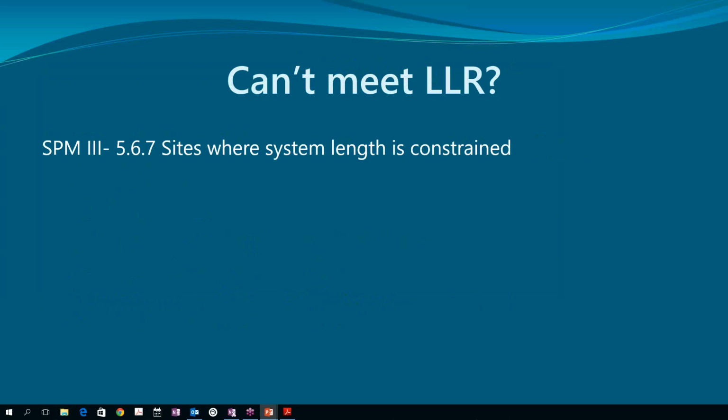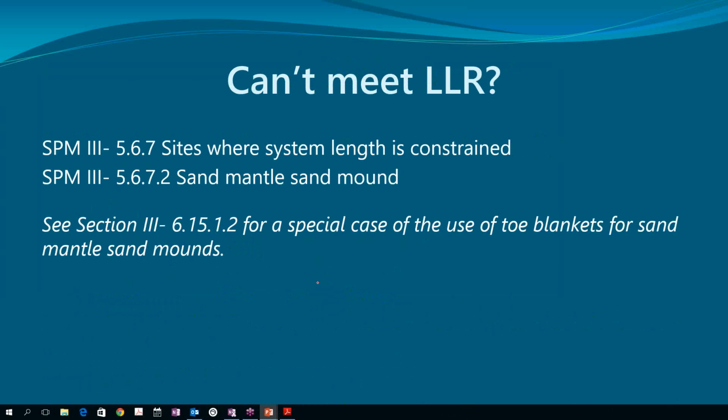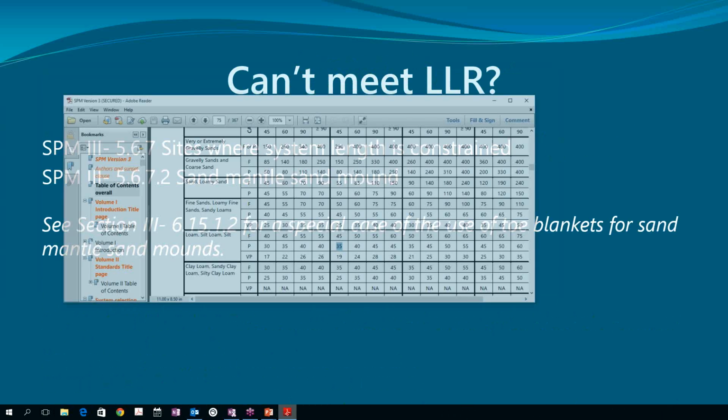In other words, when we have the challenge meeting linear loading rates, it has that subsection that deals with a sand mantle sand mound. So in that section, it starts with a little flip. It wants us to go back to this section, and we'll do that.